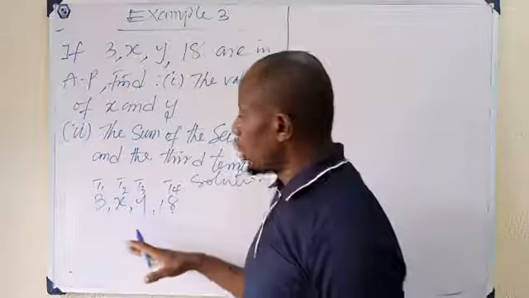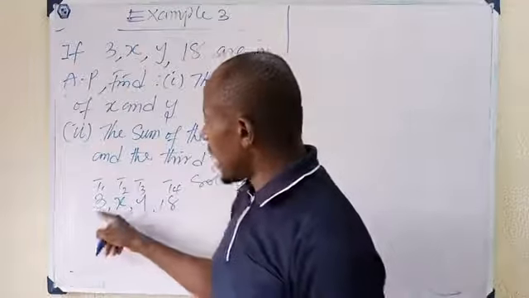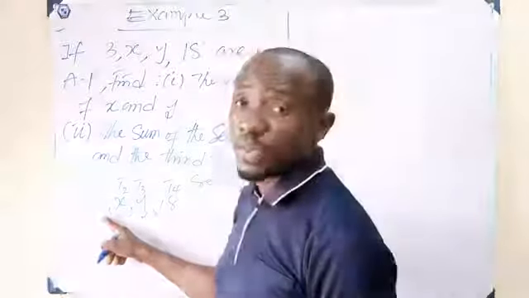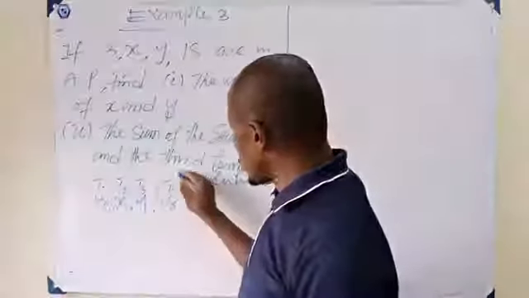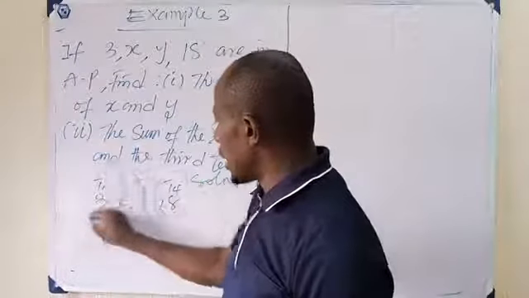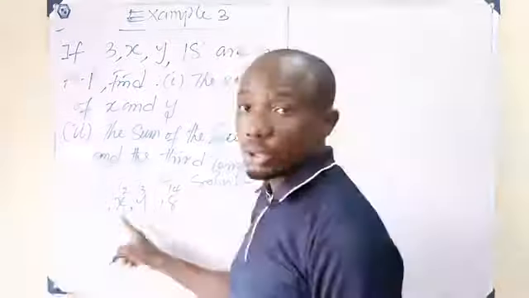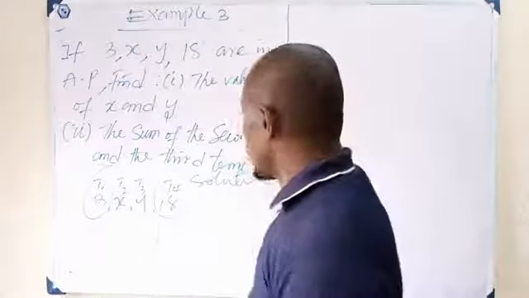Now, you need to consider the ones that you know their values. You know the value of the first term and the fourth term, so you pay attention to these and use them to obtain the unknowns. That is how to go about it. Let's look at it again.